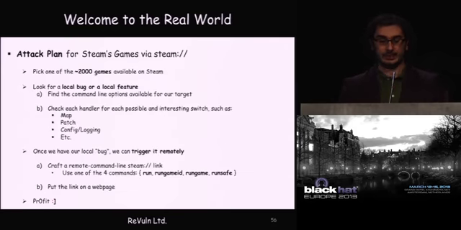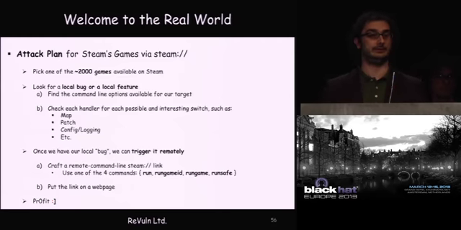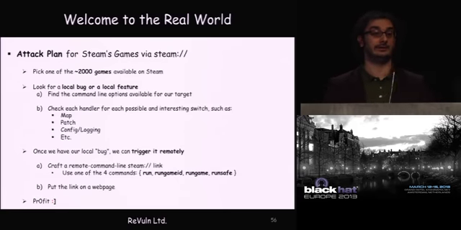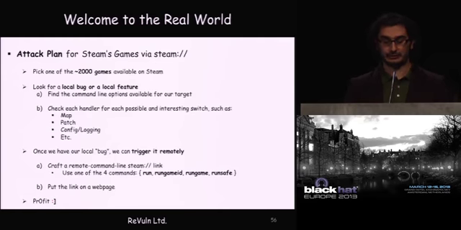So the attack plan was the following. You just need to pick one of the 2,000 games available on Steam. Then you need to find a local vulnerability, which means something that you can exploit on your own computer. It's pretty easy to find very interesting vulnerabilities by just looking at the command line of the game itself.